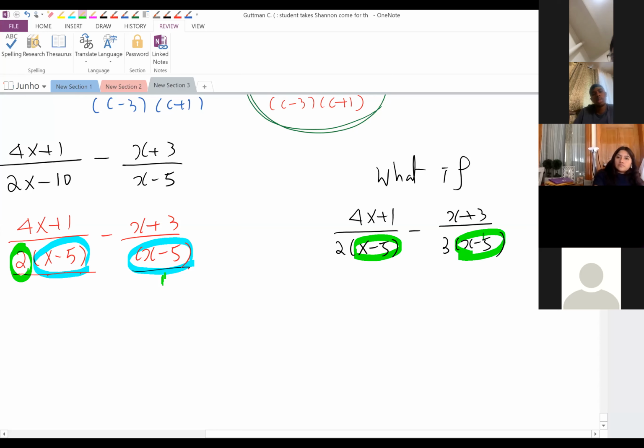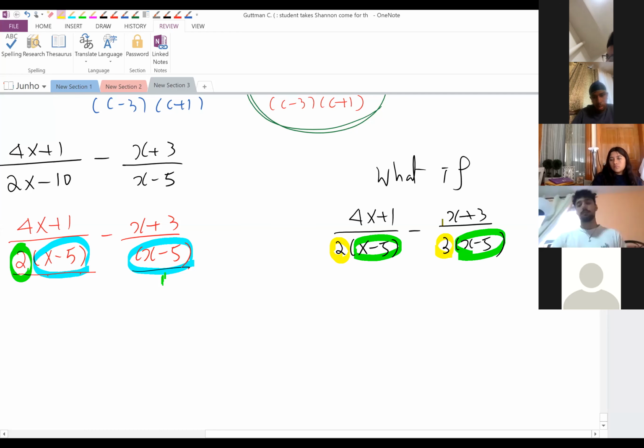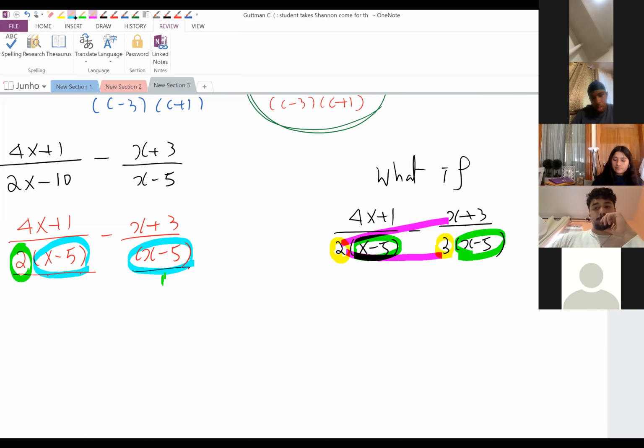As you see, I highlighted common factor between two denominators, then we have two different extra, 2 and 3 here. Then you need to multiply those extra to two different fractions. So 2 goes to here and here. And then 3 goes to here and here. You know what I'm talking about?